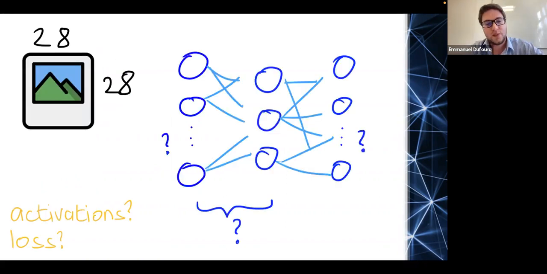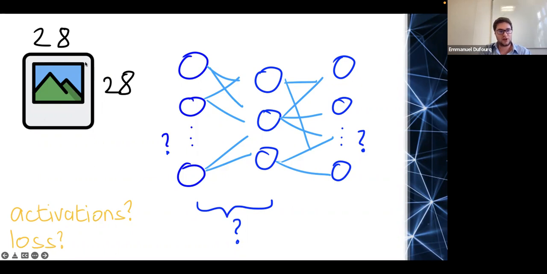So let's say we have an image that contains 28 pixels by 28 pixels. Now, we could use the neural networks that we've been talking about to solve this problem. We can flatten this image into a really long vector.